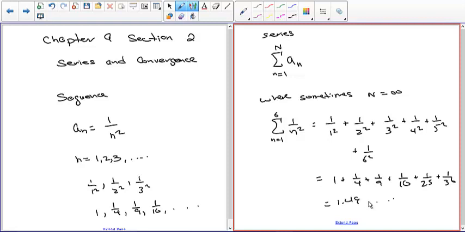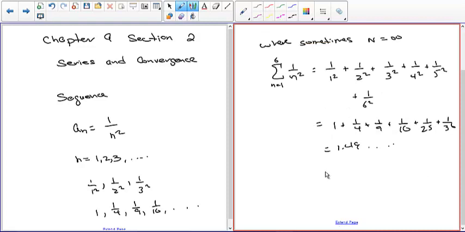And let's see, I'm sure there's a fraction associated with this. Yeah, the exact rational number is 5,369 over 3,600.